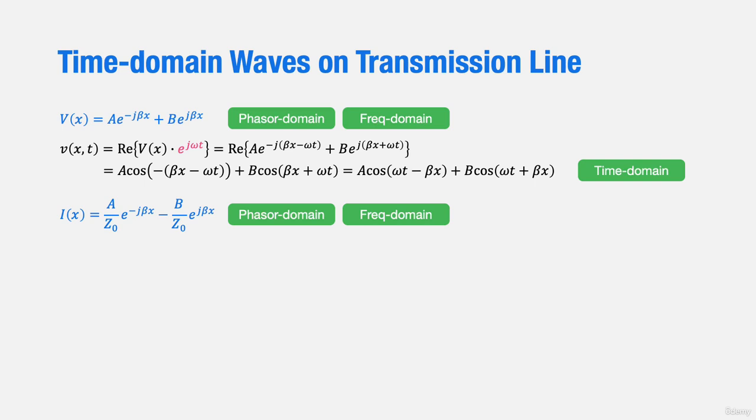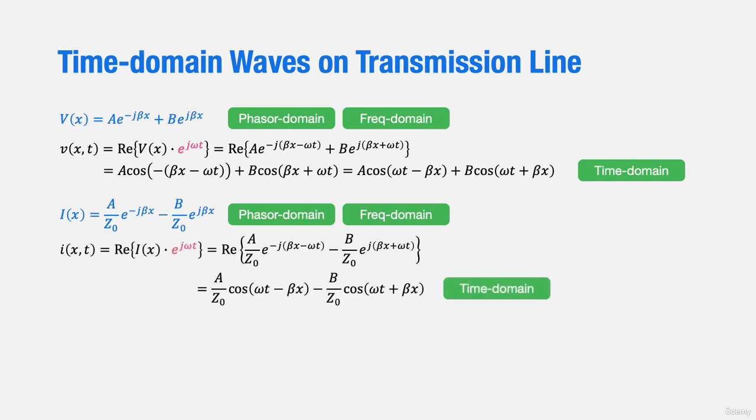A over Z0 times e to the negative j beta x minus B over Z0 times e to the j beta x. The time-domain response of the current is A over Z0 times cosine of omega t minus beta x minus B over Z0 times cosine of omega t plus beta x.